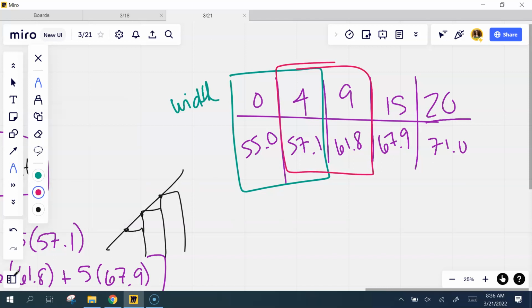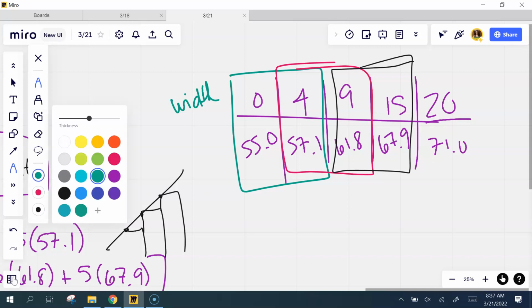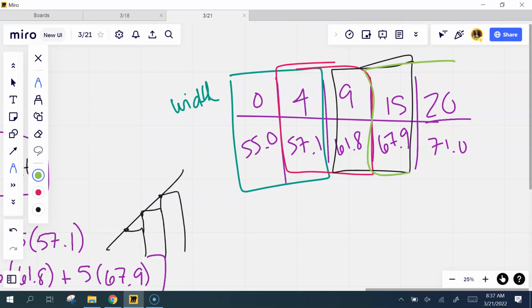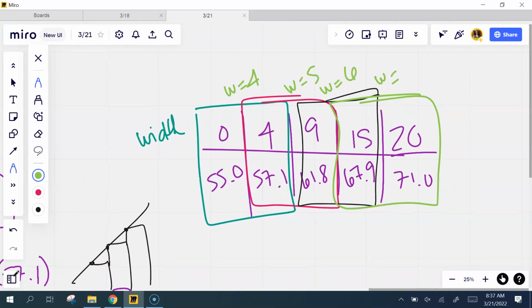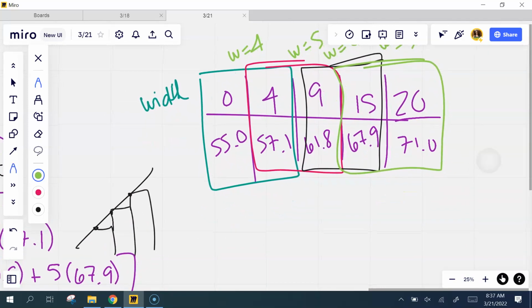Here's the next rectangle. Here's the next rectangle. And here's the last one. So my width here would be 4, my width here would be 5, my width here would be 6, and then you just take the left value each time.